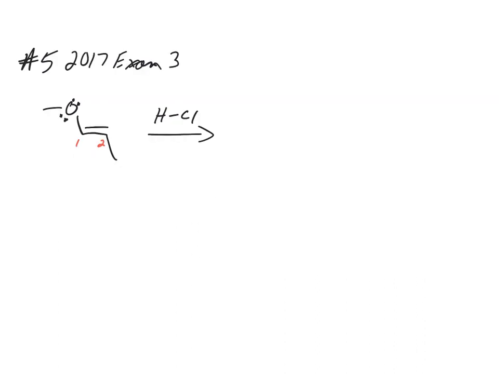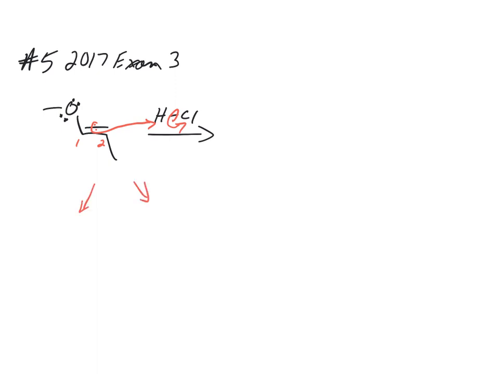So question number 5 on the 2017 exam 3. So this involves an alkene. It's going to react with HCl. And just like anytime you do these addition reactions, you have to think about which carbon will be most stable as a carbocation. So the mechanism would be lone pairs react with the H, break the HCl bond, and we have 2 possibilities for carbocations.